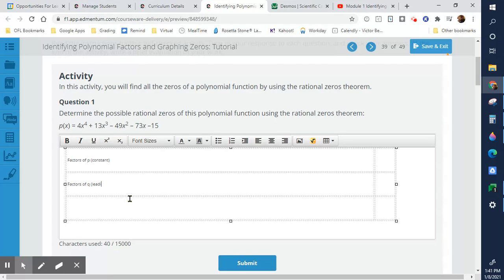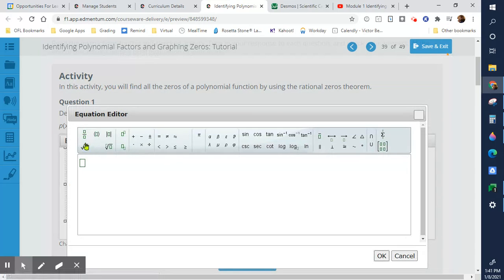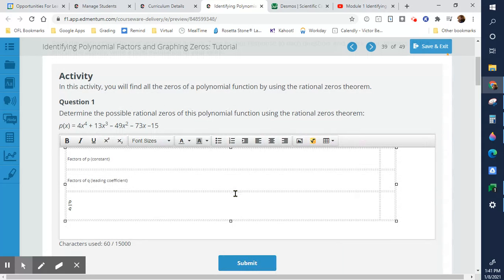All right, and then finally, unfortunately, can't really do fractions without doing this. We're going to have p divided by q. Knowing the formula to me is easy. P over q. It's in alphabetical order. P then q. Oh, what happened here? Oh, this looks terrible. What happened?